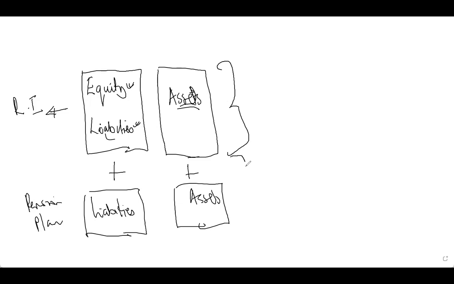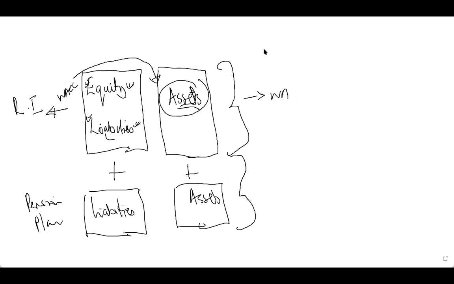Now we want to include in the analysis the liabilities and the assets associated with the pension plan. So what we did before, we calculated the WACC that was associated with the equity and the liabilities, and we attributed that WACC to the returns on the assets, and then we used that to get the WACC.